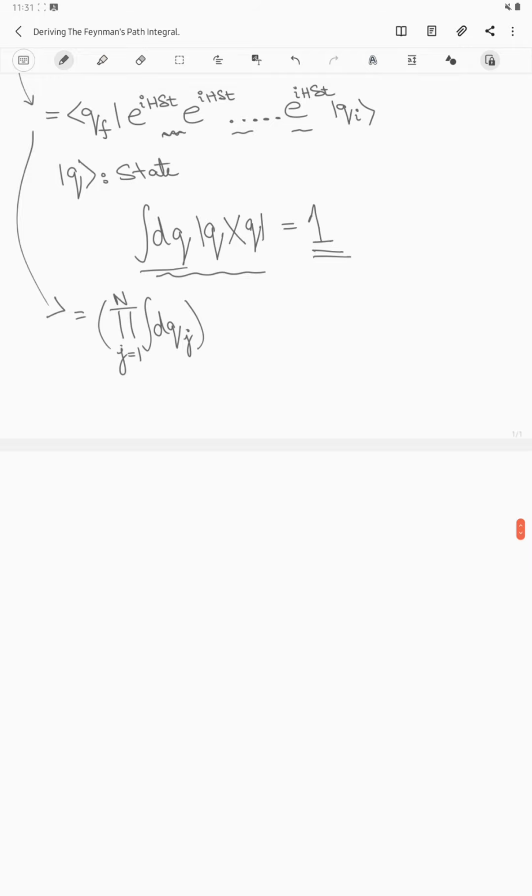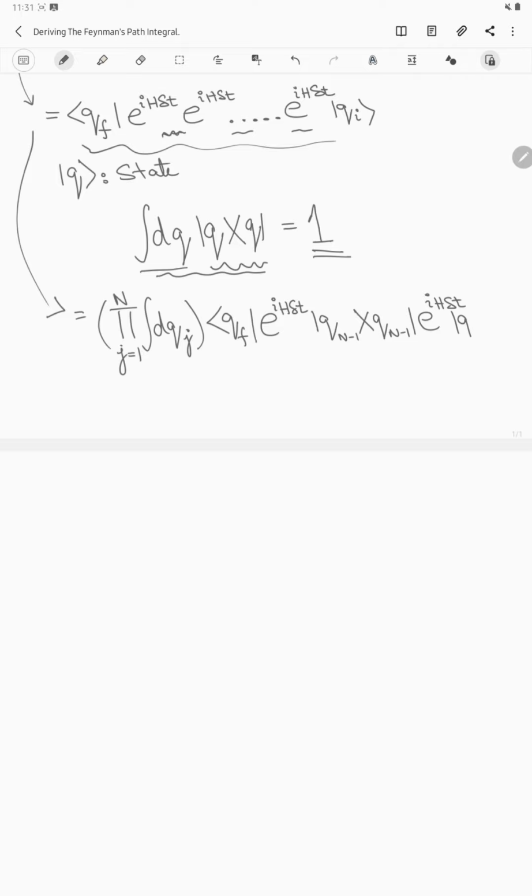Okay, so then I would just have this thing, which is <qf|, and now I would have exponential of minus iH delta t, and then I would insert this thing. So it would start with |qn-1><qn-1|. Now this is just 1, right? So I can put this down in there. And then again, I would have this exponential of minus iH delta t.